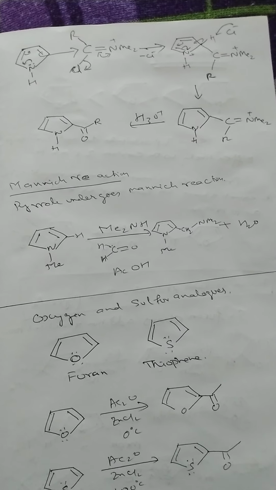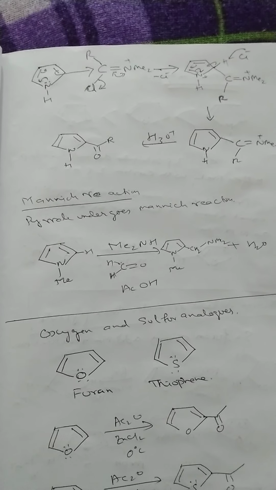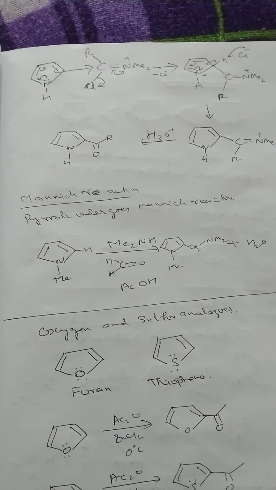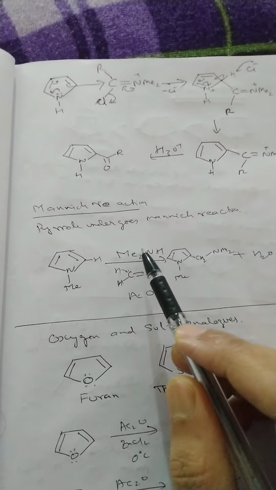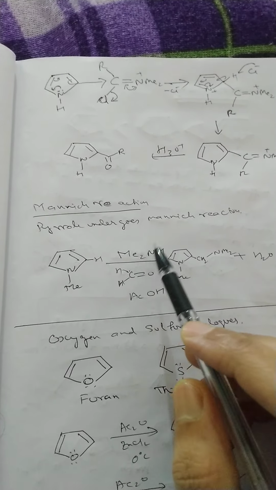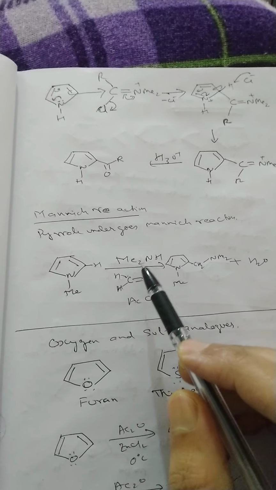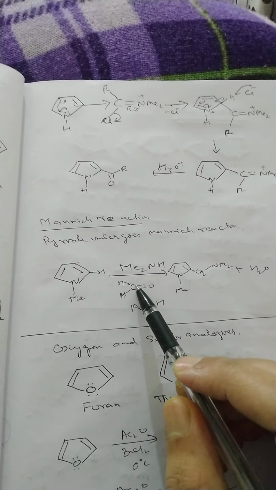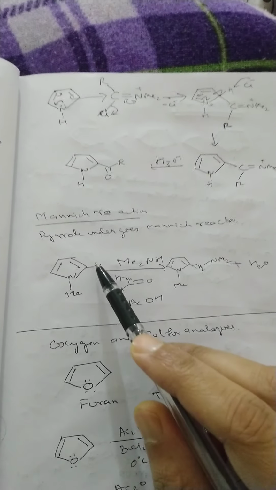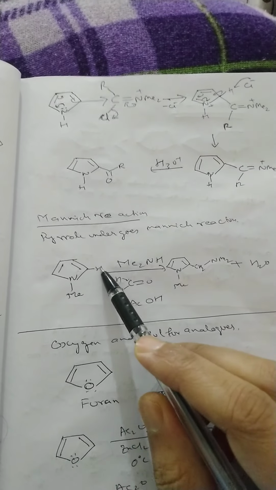Now there is another reaction, the Mannich reaction, which we have done previously. In the Mannich reaction we use formaldehyde. You have to remember this, okay? In the Mannich reaction you use formaldehyde and a secondary or primary amine. You cannot use a tertiary amine. We have done this. So here what happens? Water is lost: H from this one, H from this one, and O from this one.